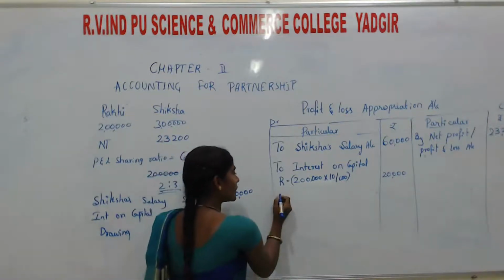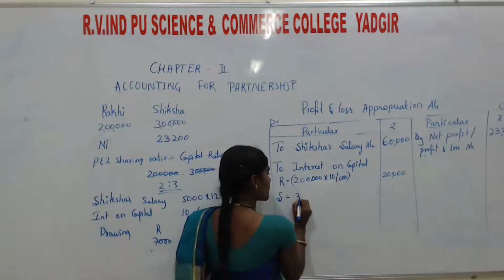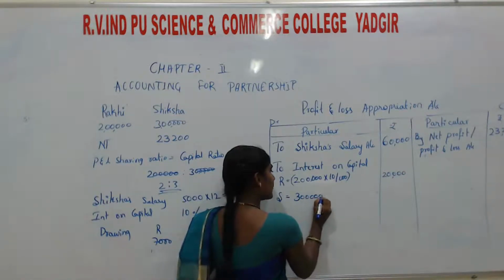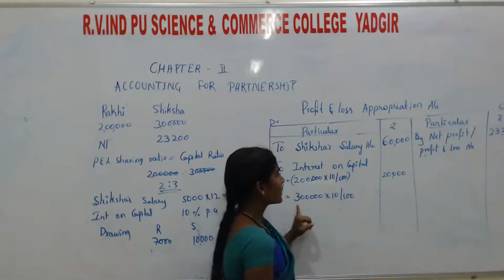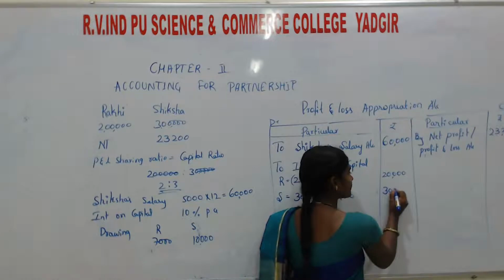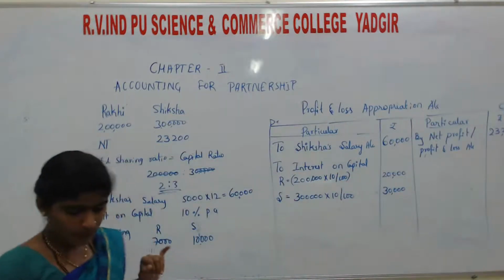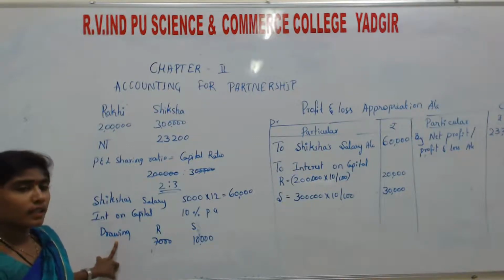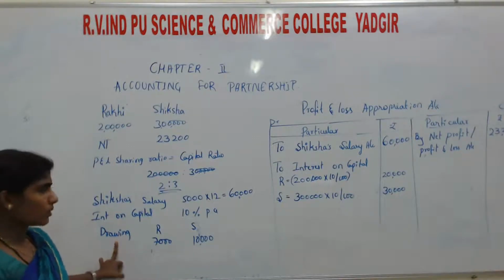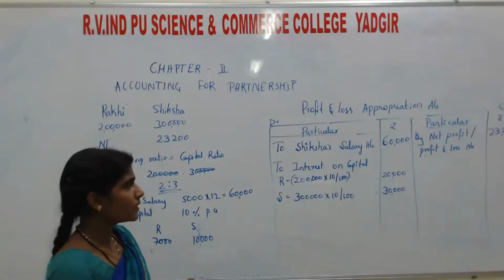So here Shiksha's capital is rupees 3 lakh. 10% of that means 30,000. Then drawing is related to the partners' capital account, so leave it. Now close the account.